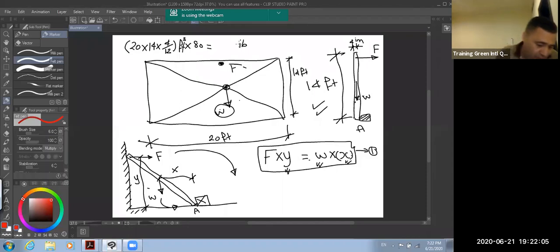Now the answer is 4/12 multiply 14 multiply 20 multiply 80, equal 7,466. 7,466 pounds divided by 1,000, you have W equal 7.47 kips.